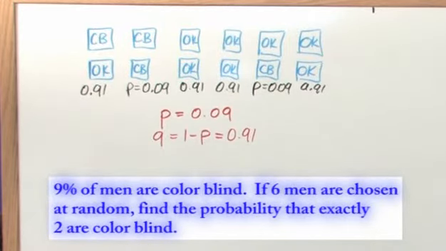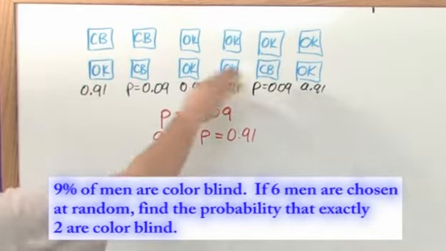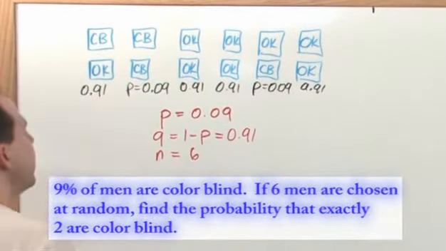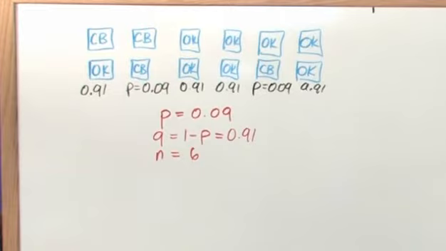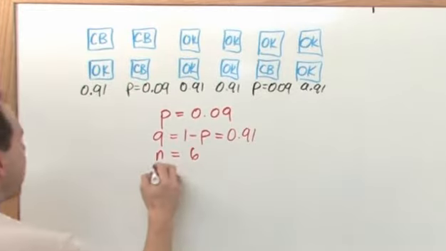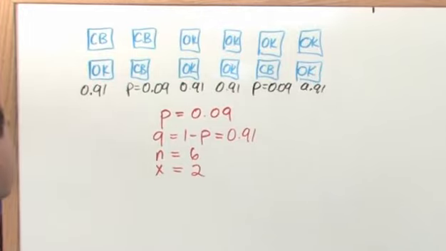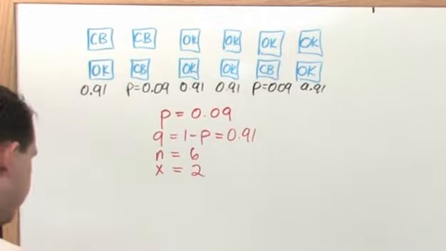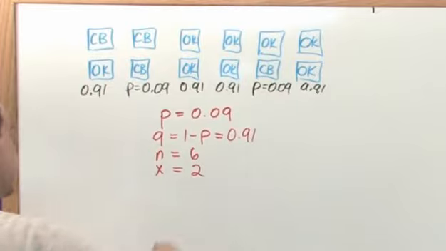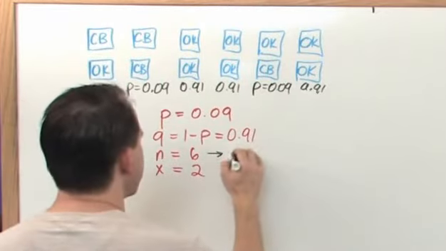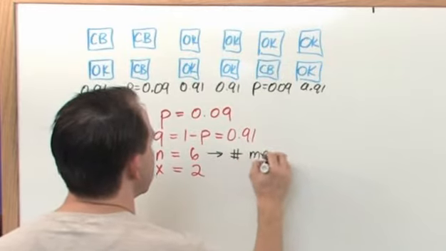How many people are there in a trial? Well, there are 6 people we're picking, right? So the number of trials is 6. Of those 6 people, how many are we trying to calculate are colorblind? Well, that would be X, and that's 2 people. So I believe we have enough information to go ahead and use the probability distribution. So N is equal to 6, which is the number of men picked.